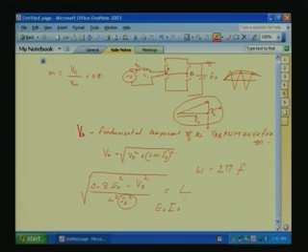So, input power should be equal to output power. Input power is Vs RMS into Is RMS.